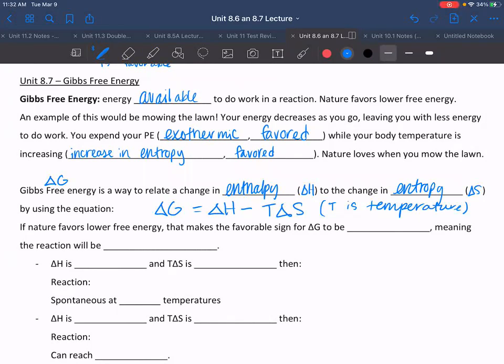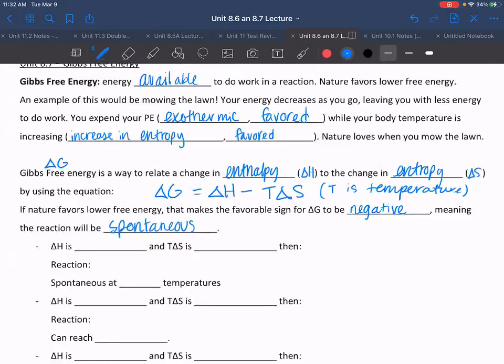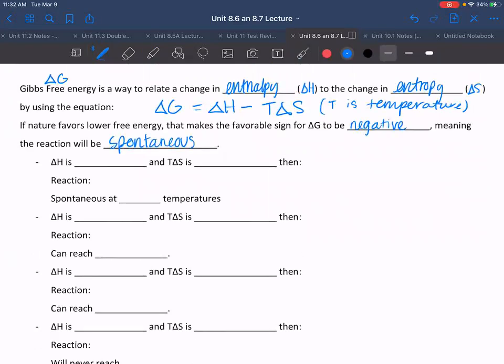So if we want less free energy, the sign associated with delta G is negative. So to be spontaneous, we want a negative delta G value. This means it will be spontaneous. And so we'll talk about mathematically how that ends up coming out. So delta H is negative.